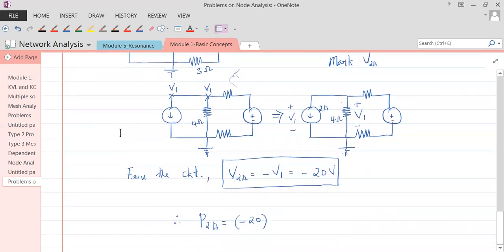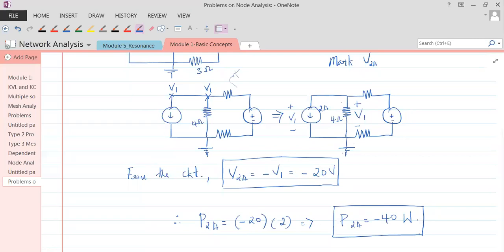Okay, minus 20 into 2, so it implies power delivered by the 2 ampere source is minus 40 watts. Everybody take down this. So it's minus 40. Is that okay with you, everybody? Hope you've understood that.